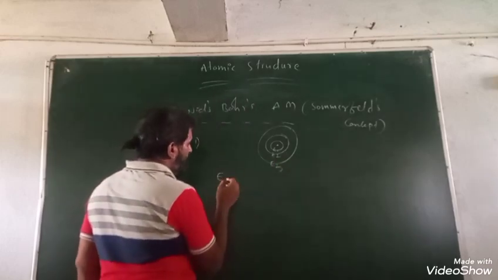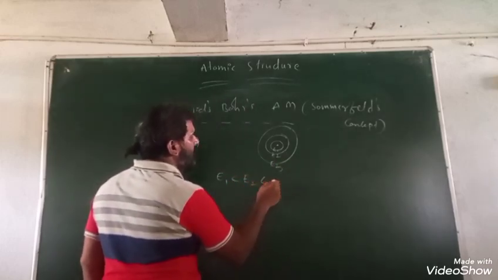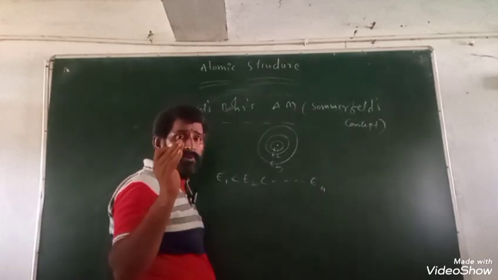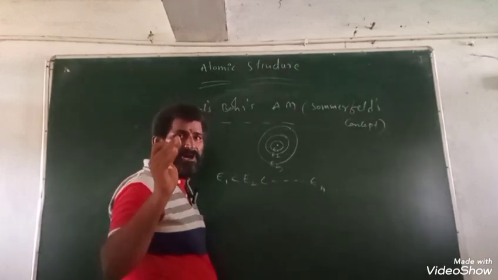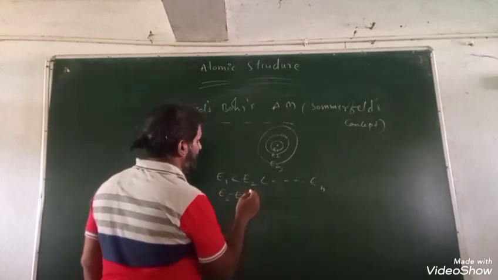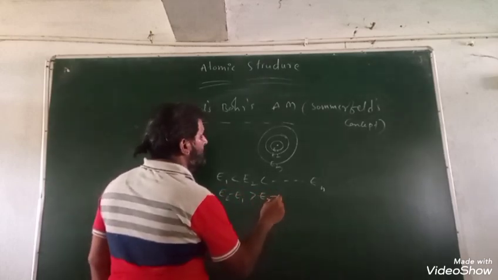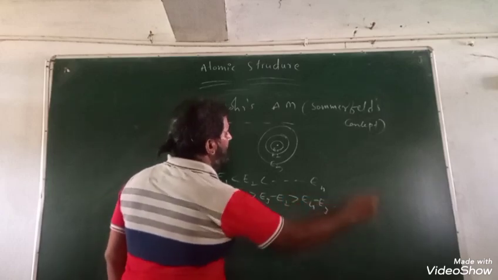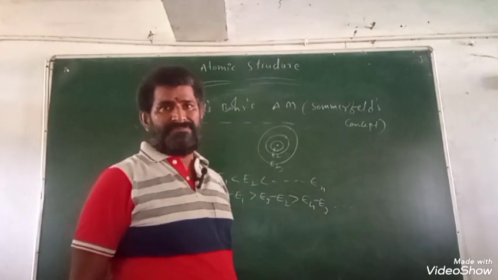He came to know that E1 is less than E2, which is less than E3, and so on up to En. That means as the orbits move away from the nucleus, the energy of the orbit increases, but the energy difference decreases. E2 minus E1 is greater than E3 minus E2, which is greater than E4 minus E3, and so on.